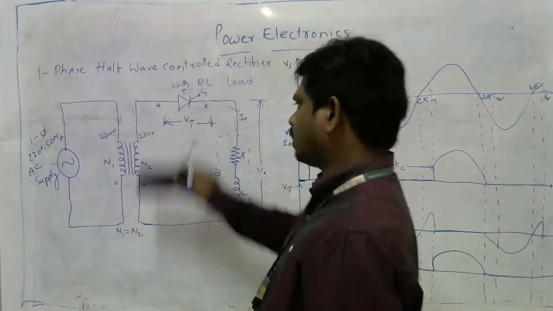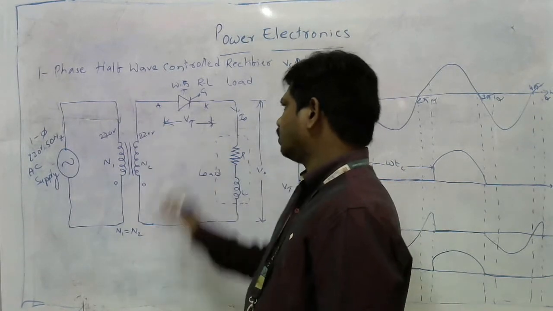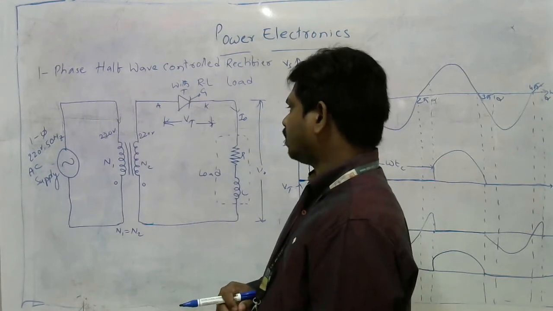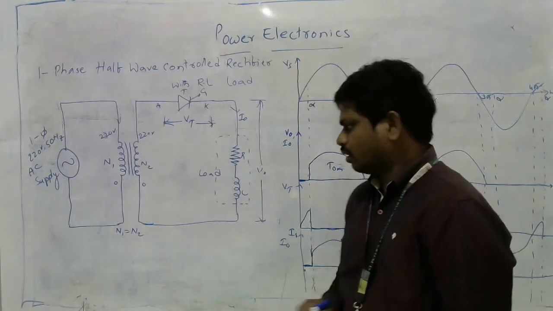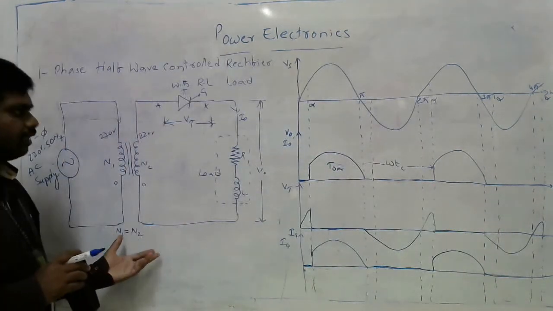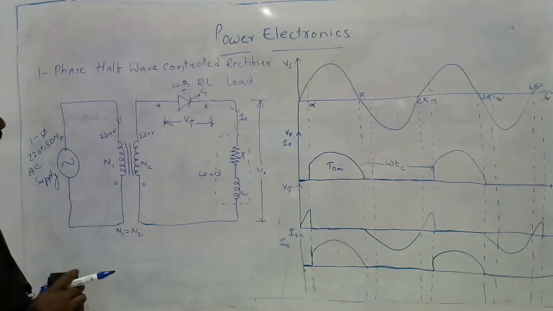So the circuit involves one isolated transformer, one thyristor because it is half-wave control rectifier, and an RL load. Okay.